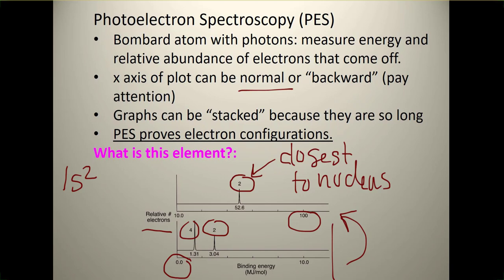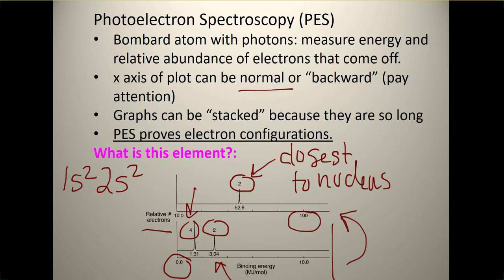Let's look at which ones are the next hardest to remove. These ones right here have a binding energy of 3.04, and I have 2 electrons there. Those are the next ones in my electron configuration, the next closest to the nucleus. And then last, I have these 4 electrons here.